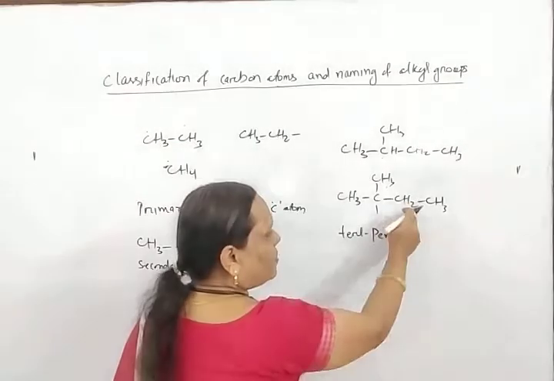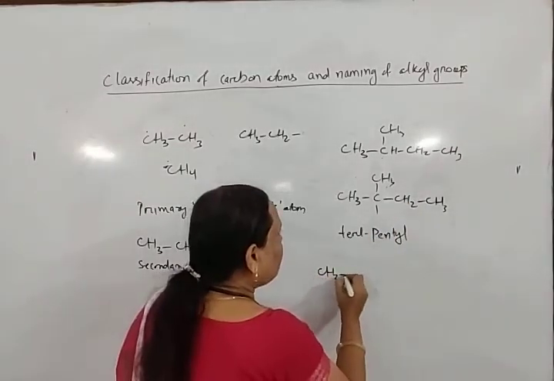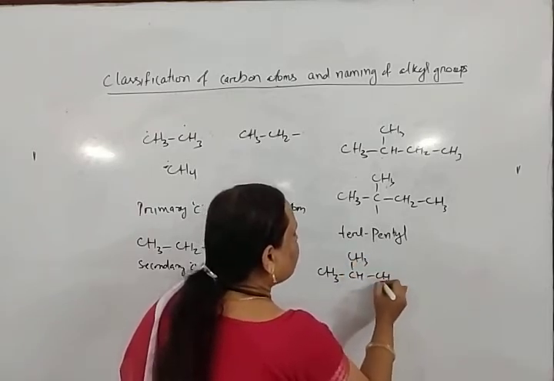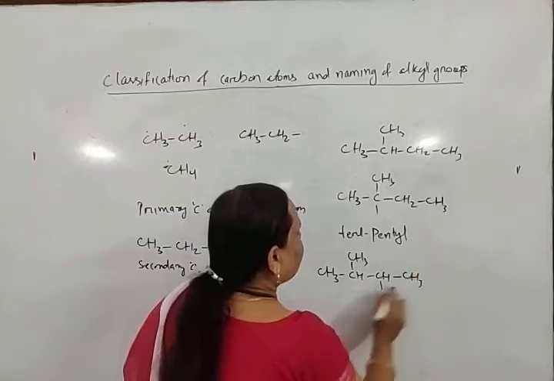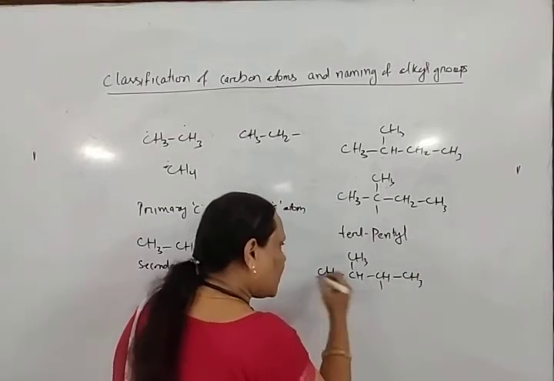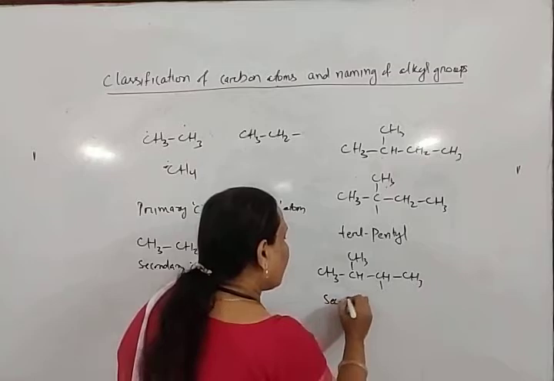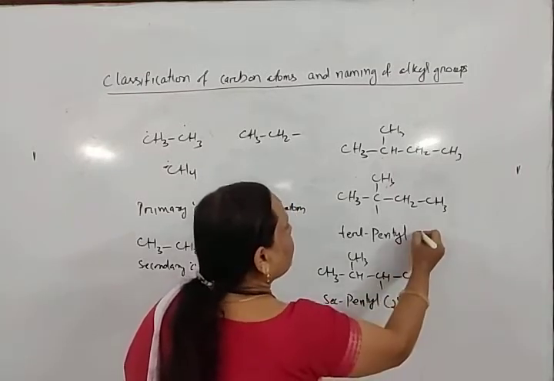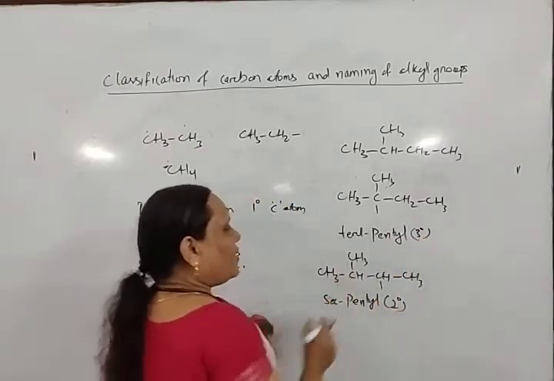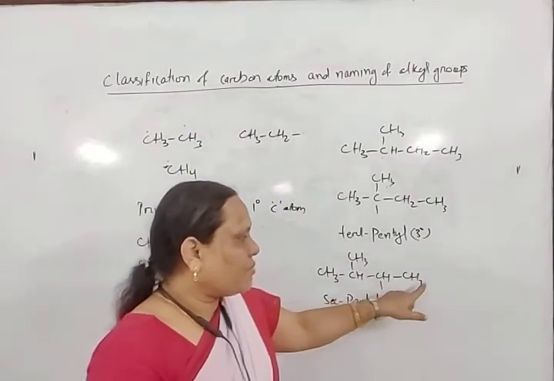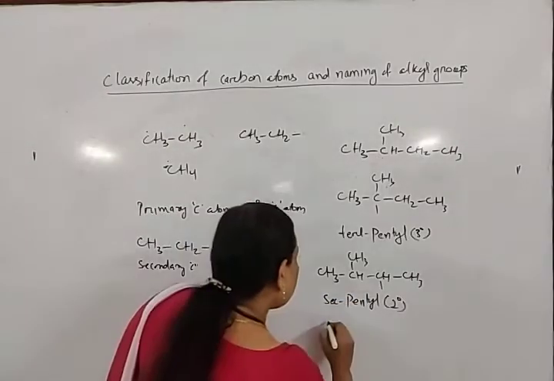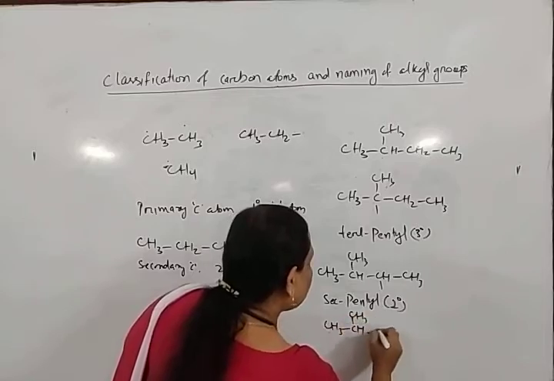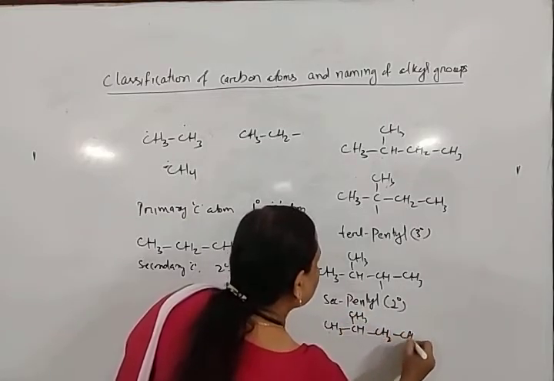If hydrogen is removed from here, then this is CH3, CH3, CH with hydrogen removed, and CH3. So this is known as secondary pentyl, or we can write sec-pentyl. So this is 2 degree, this is 3 degree. And if hydrogen is removed from the last carbon, from here or from here, look here, CH3, CH, CH3, CH2 and CH2.